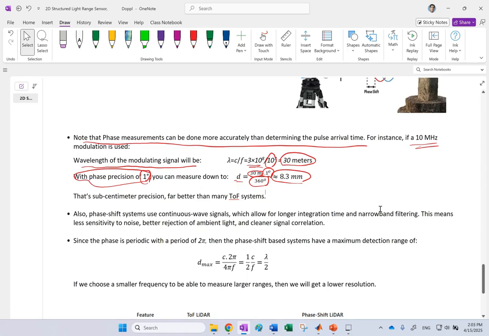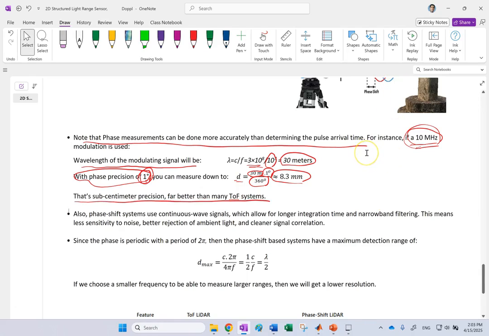I'm already below a centimeter, with not a super fancy phase measurement accuracy and not a super high frequency, a reasonable range. I'm doing great here. So I can easily get better precision than TOF systems.